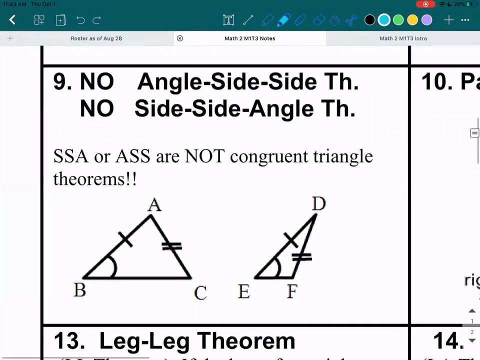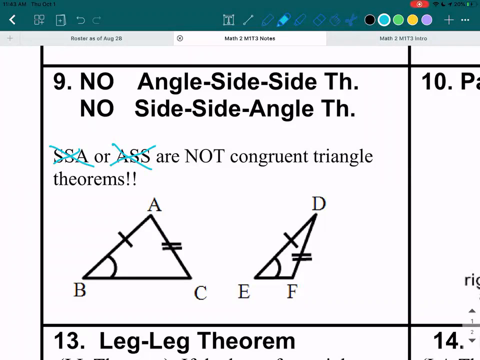So for box number 9, there's no such thing as the angle side theorem or the side angle theorem. So unfortunately in this class, you will never get to say that in class, which is great for me because then I don't have to deal with it. So then there's no SSA either, which is just backwards of ASS. This doesn't exist. This does not prove that you have a congruent triangle.